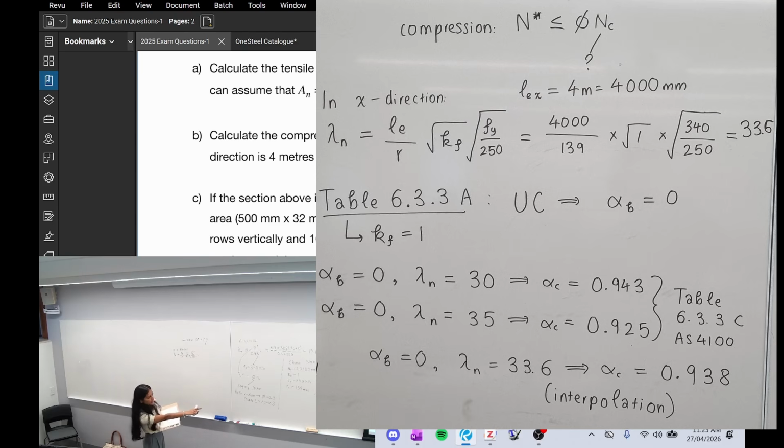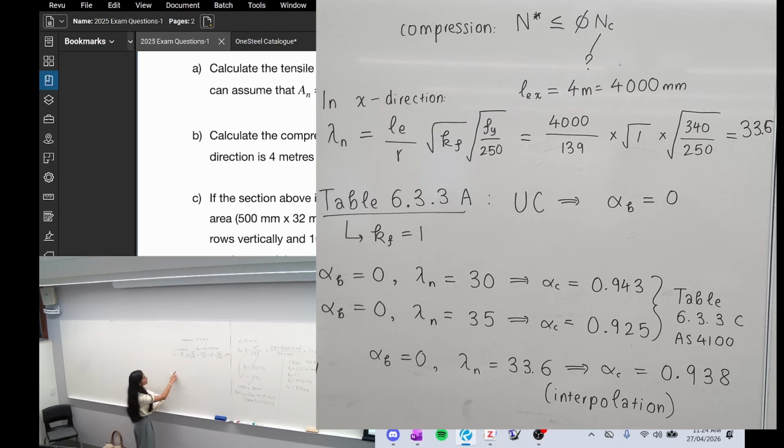Again, the effective length has been given to you. They've said that the effective length in the x direction is 4 meters, or 4,000 millimeters. So the slenderness will be 4,000 over R, which was 139, times root 1, times root 340 over 250. That would give you a slenderness of 33.6.